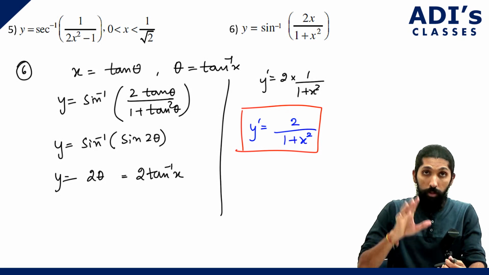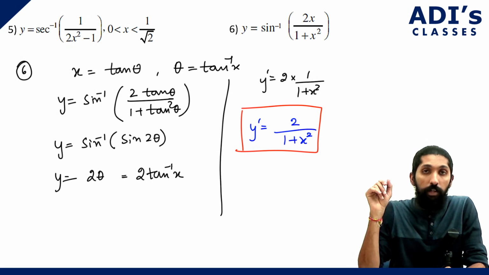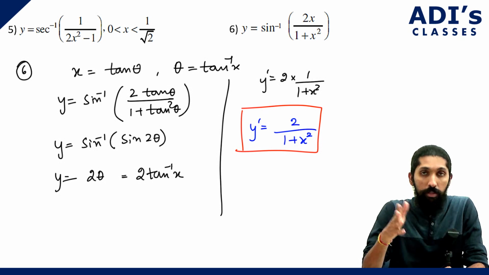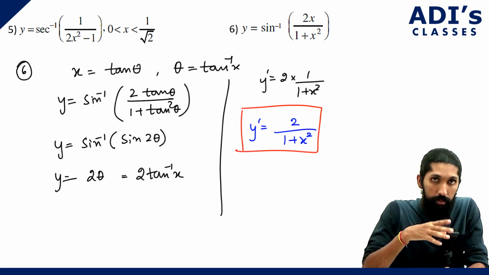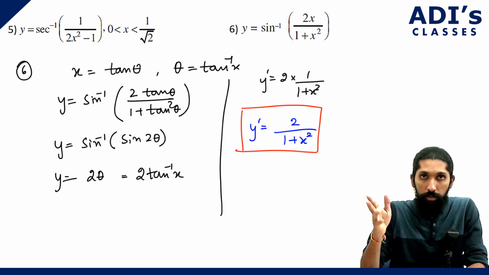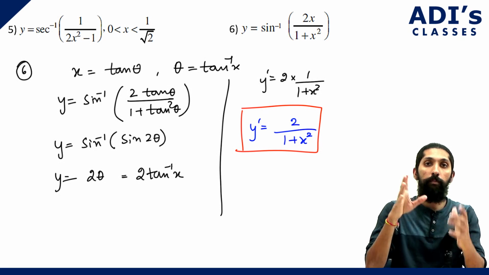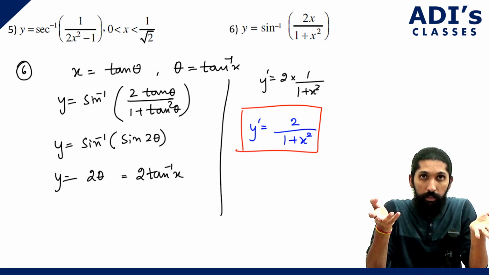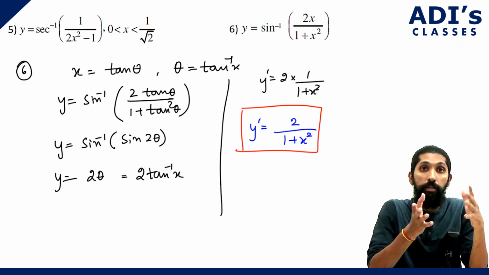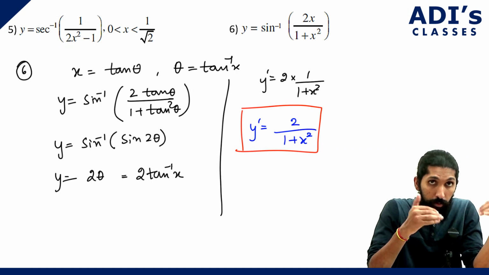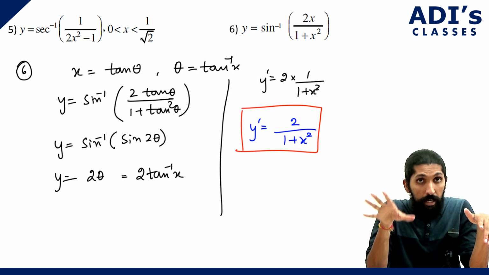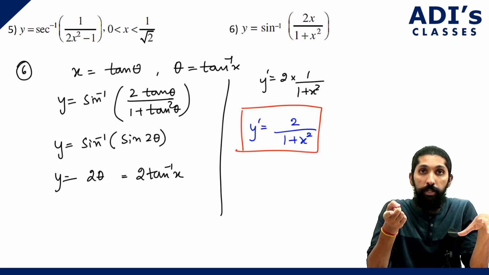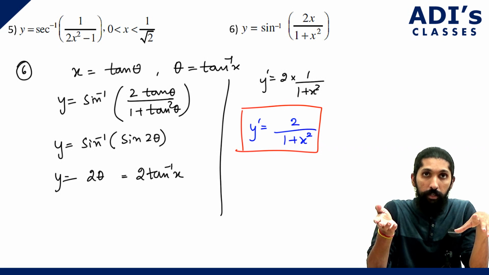Clear? Now, whatever problems we have solved so far, everywhere we have substituted x is equal to some trigonometric function. Remember, in all the cases, it's not about directly differentiating it. Instead, you substitute a trigonometric function, reduce the question, then at the last step, that means the reduced question, that's where you're differentiating, isn't it?